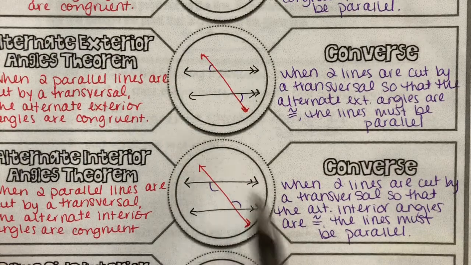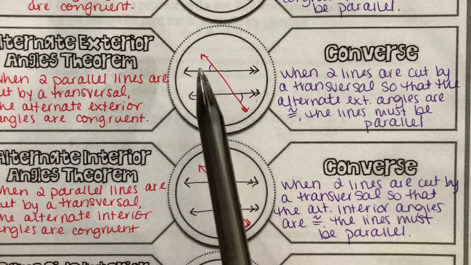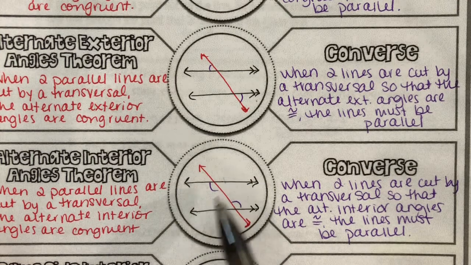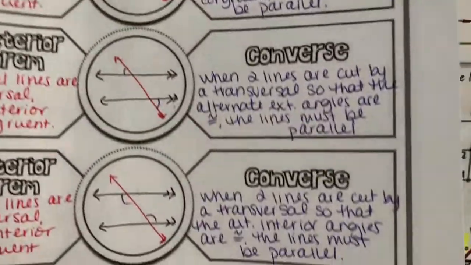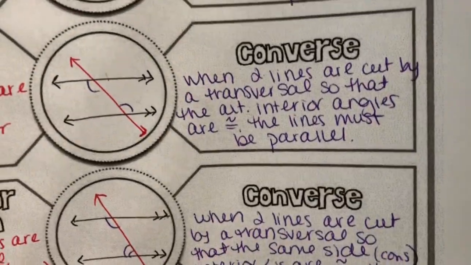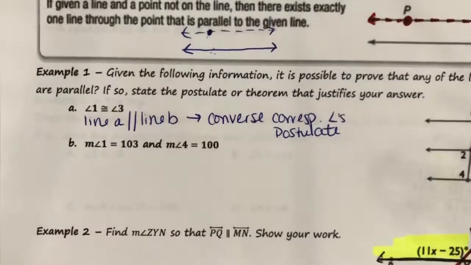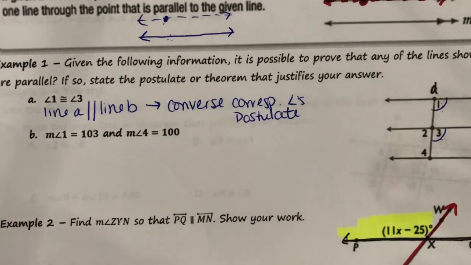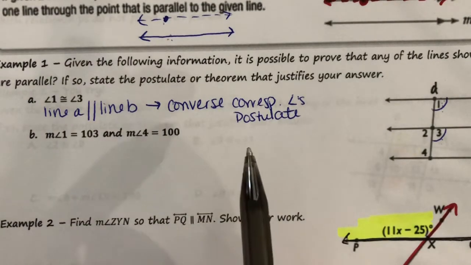Parallel lines mean congruent alternate angles, and congruent alternate angles mean you must have parallel lines. So that's what we're using today, the converse side, where we know the angles are congruent or supplementary, so that tells us the lines must be parallel.